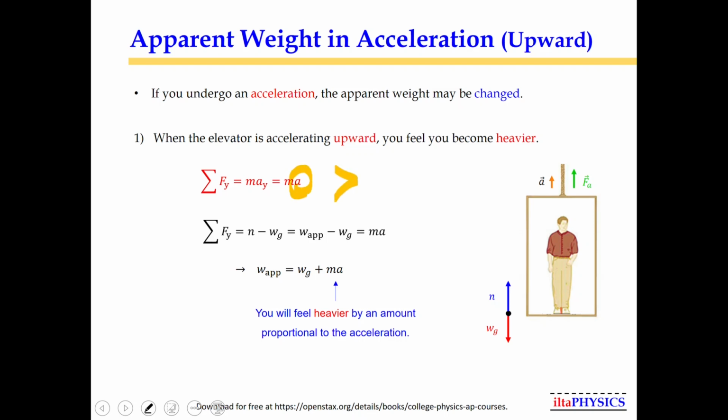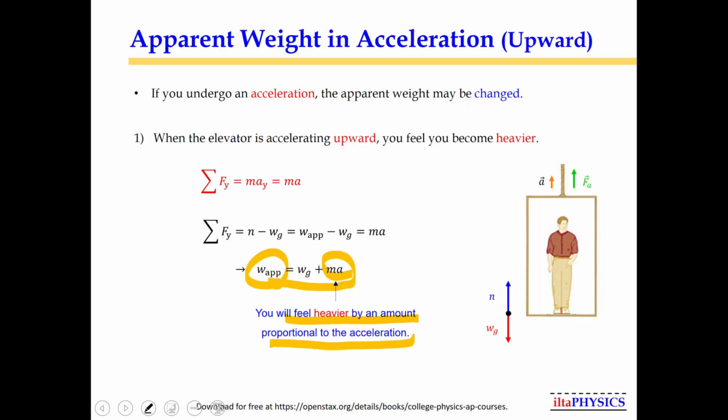We can set up the equations the same way we did before, taking into account the directions of the normal force and the weight. Then we find that the apparent weight, represented by the normal force, is greater than the true weight. That's why you feel heavier when the elevator starts moving upward, and the faster it accelerates, the heavier you feel.